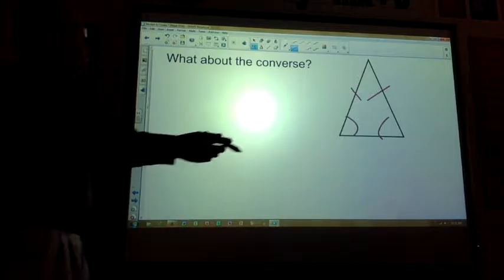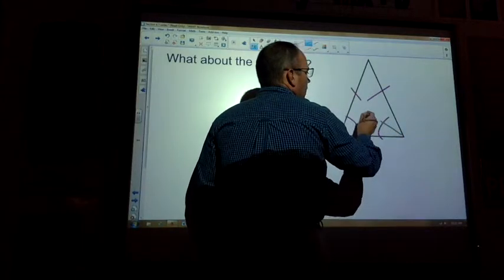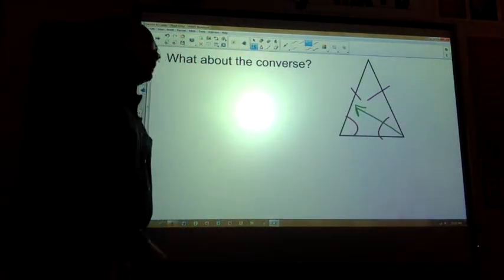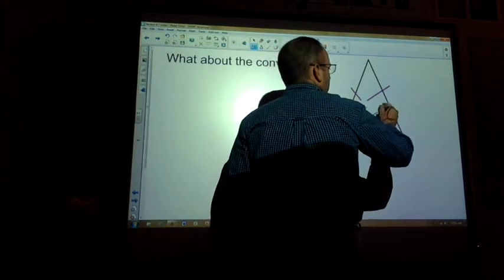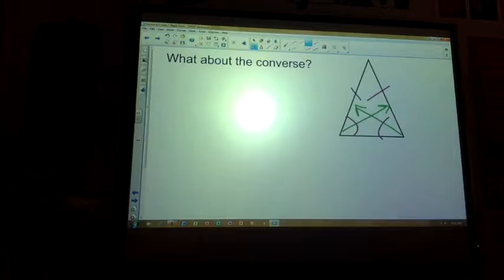And something that we need to look into the future about: this is the opposite side to that angle, and this is the opposite side to this angle. That's going to help us when we hit trig, when we start talking about opposites. Now we're not going to get there, because then we don't have a right triangle up there.